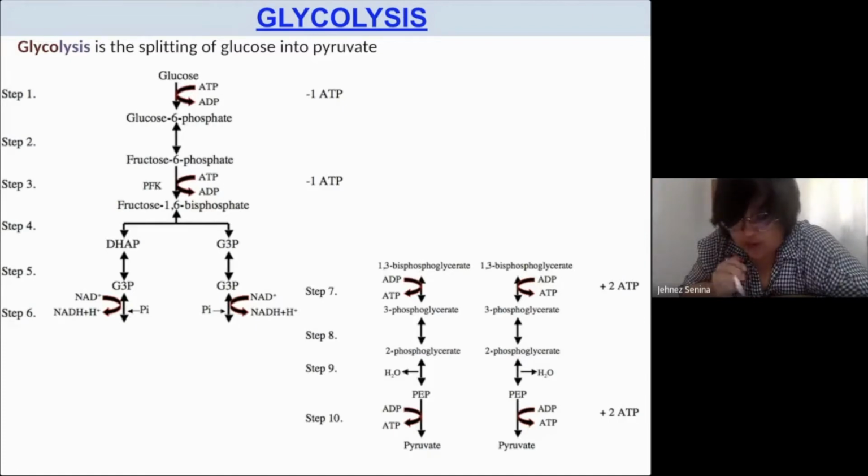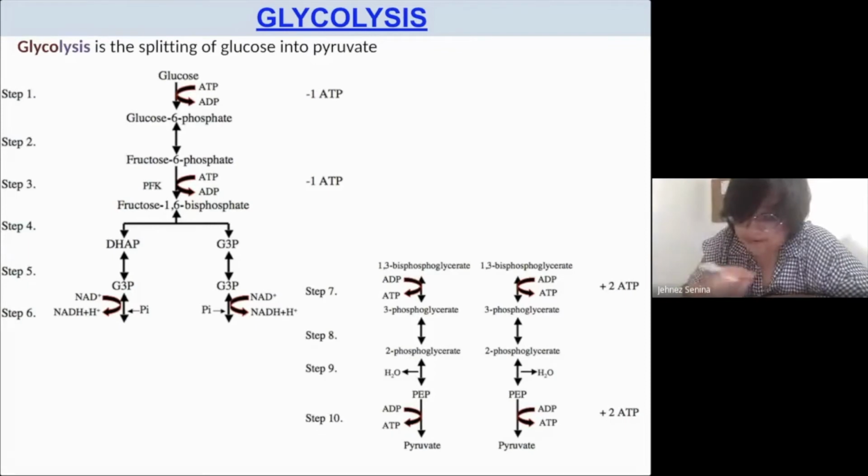If you look at my diagram here, on the right side, we're forming how many ATP? 4, okay. If you look at the left side, we used 2. So in glycolysis, the net production of ATP is 2.